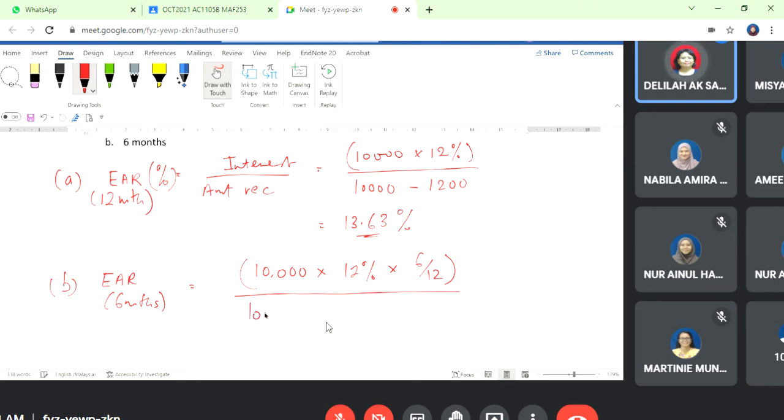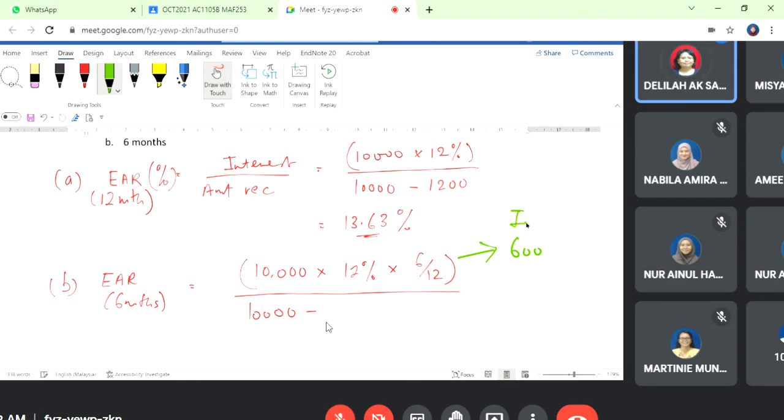Okay, so the amount that you receive will have to be deducted the 6 months interest. So 6 months interest yang ni saya rasa dia equal to 600, is it?